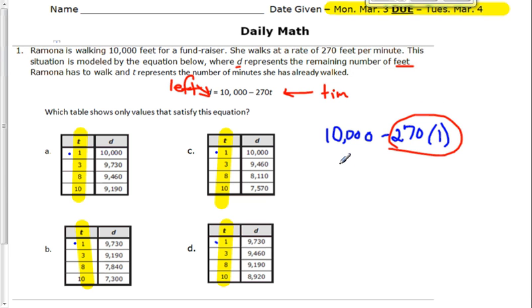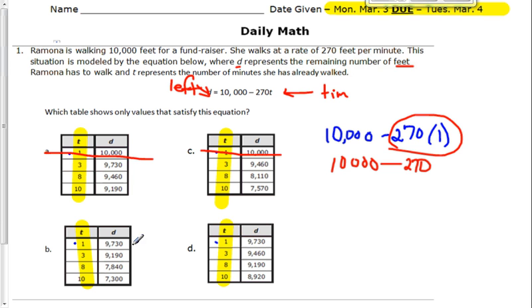So then I just have 10,000 minus 270. So I know that's not going to be 10,000 because I am taking some off. So it's not going to be C at all, and it's not going to be A at all.